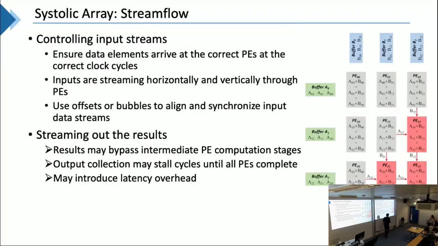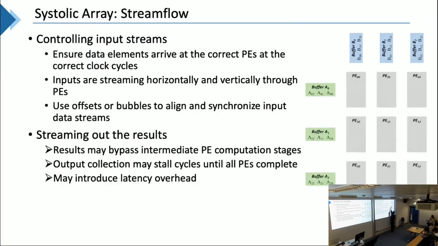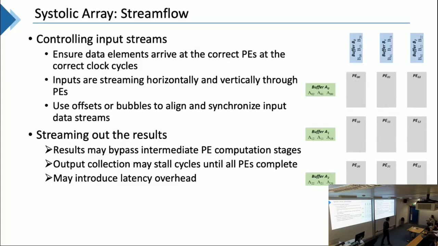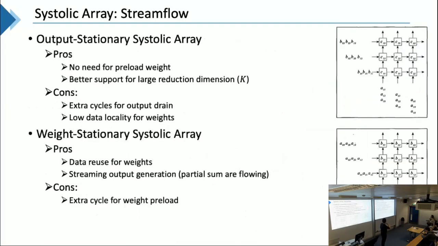So a common way is, when the result is ready, you just flow it down using the registers inside the PEs. It means you will need extra clock cycles to stream all the output results from your systolic array. So this is a drawback of output stationary.